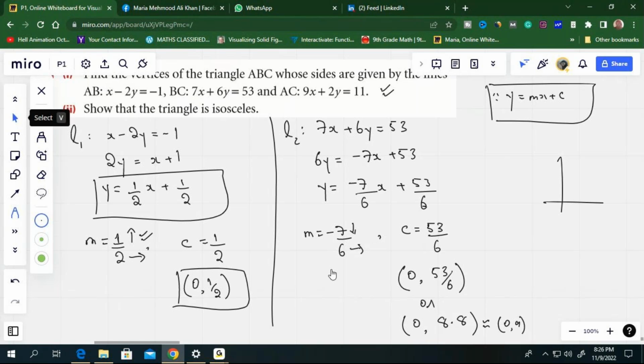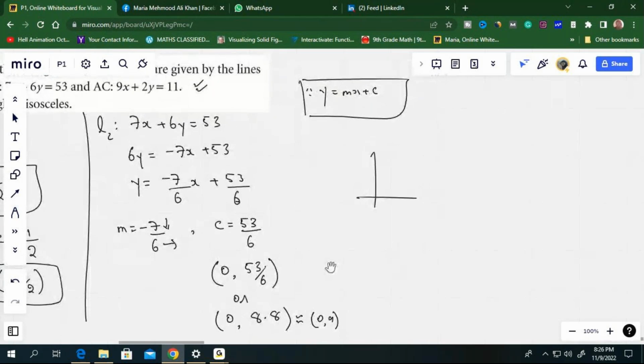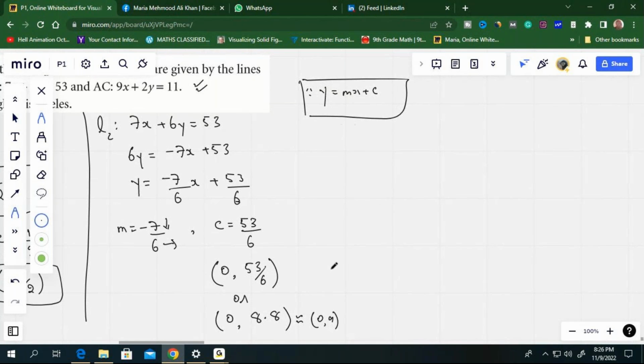Now we just come to our last equation, which is AC, L3. So it is having 9x plus 2y equals 11. Alright, so 2y equals minus 9x plus 11.